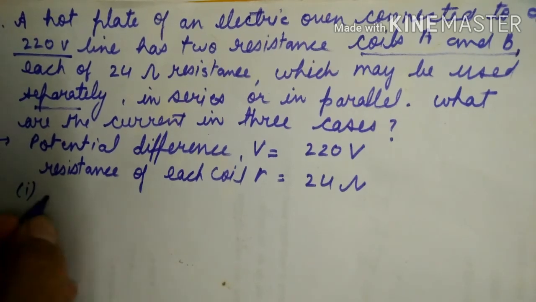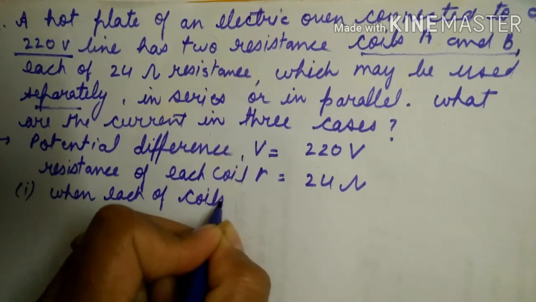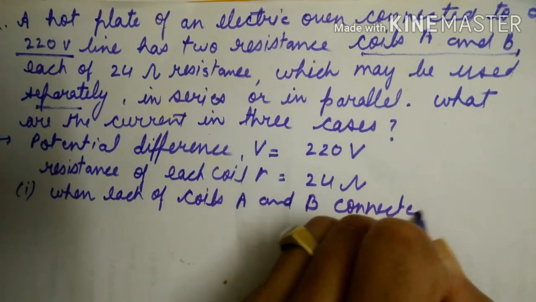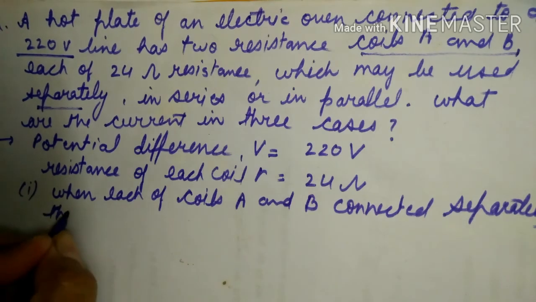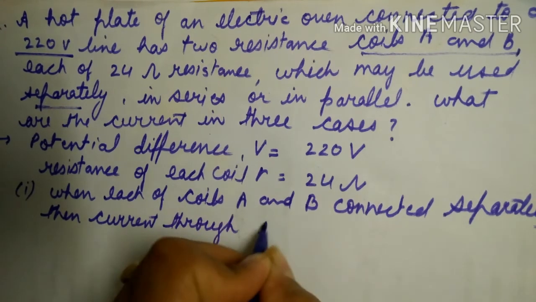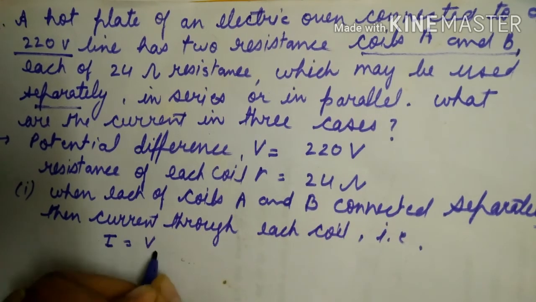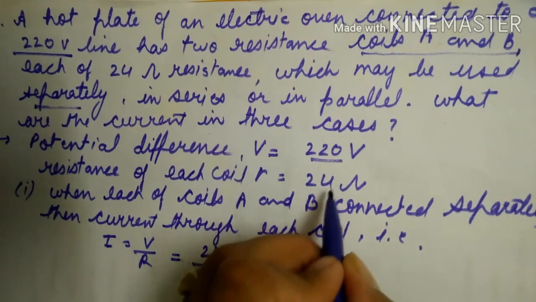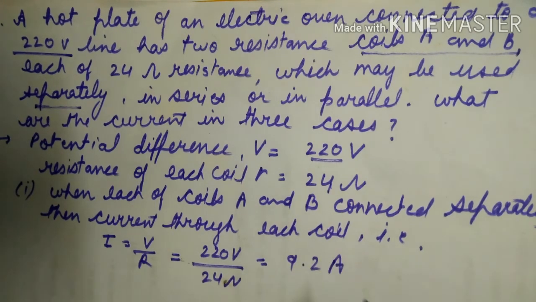So for the first case, when each of coils A and B connected separately, then current through each coil, that is, we know I is equal to V upon R. So V is given 220 volt, R is given 24 ohm, so 9.2 ampere.